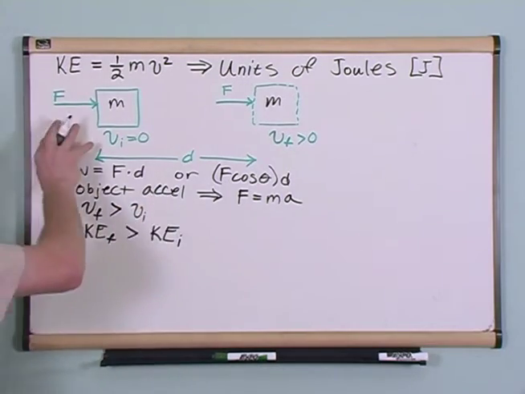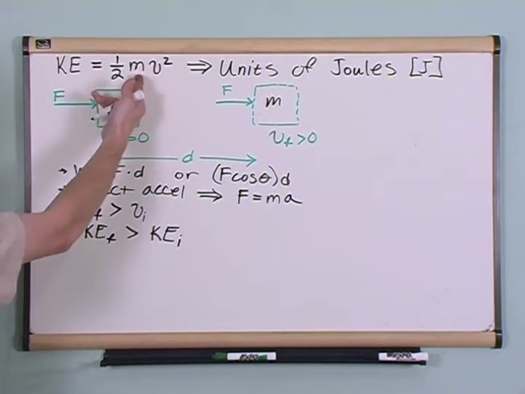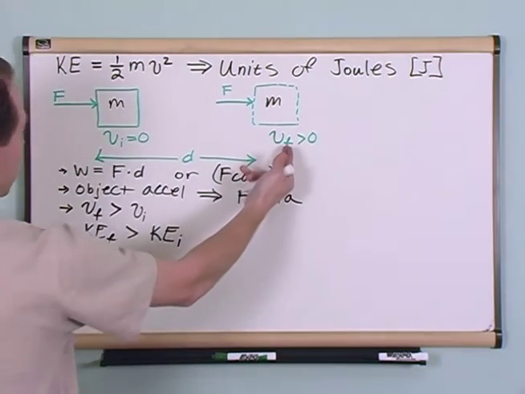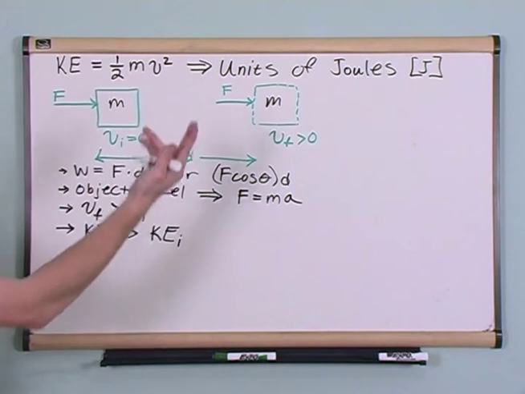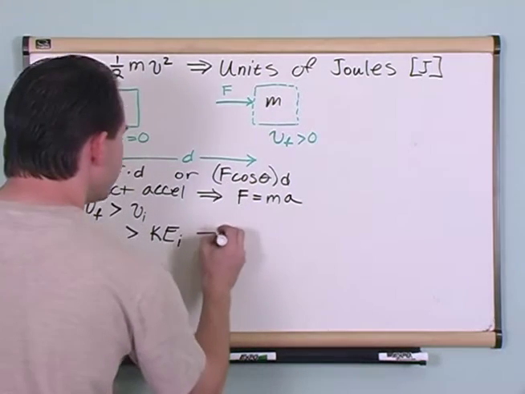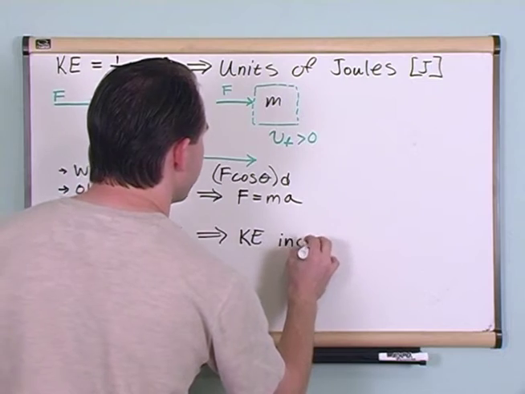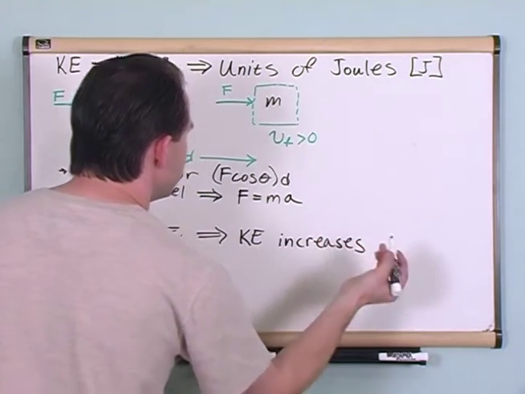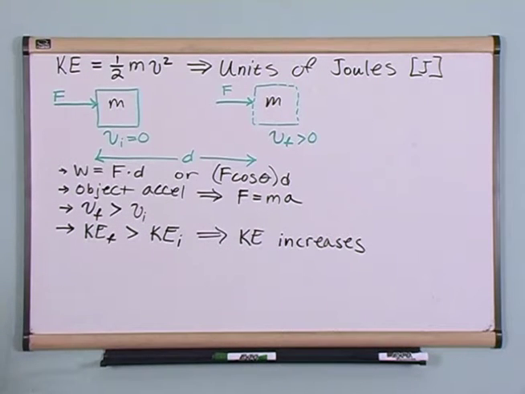If the box speeds up and the mass is the same, then of course, since we've defined our kinetic energy this way, the final kinetic energy will be greater than the initial kinetic energy, because the box wasn't even moving when we started. So that makes sense. When we do all this, the kinetic energy increases. Again, nothing too earth-shattering. You push a box, the kinetic energy increases. It kind of makes sense.